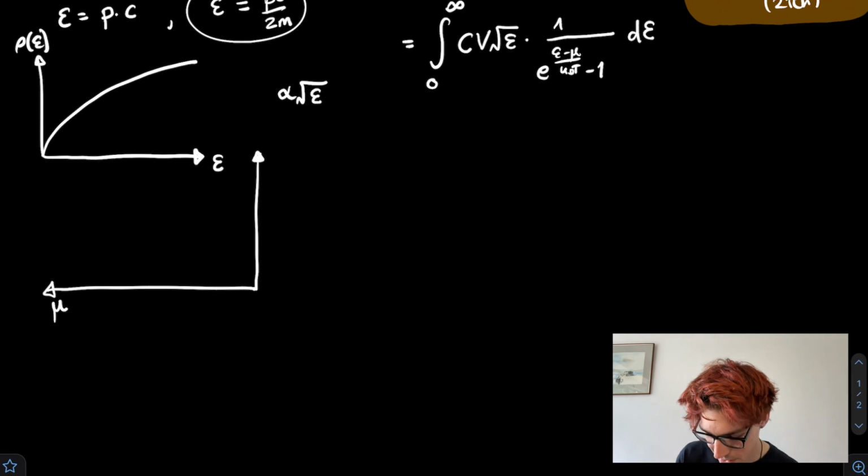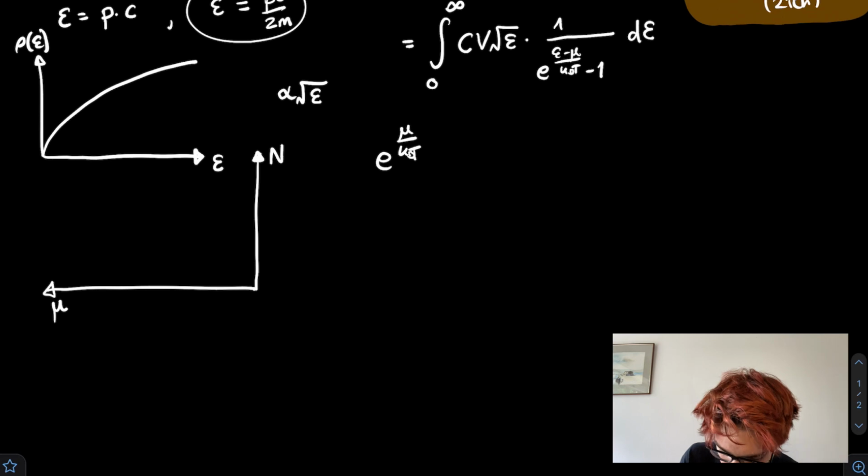Here's our chemical potential, and here's our total number of particles. For a gas, it's roughly equal to e to the plus mu over kBT, because mu is in itself negative.